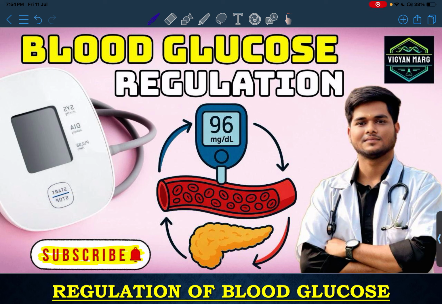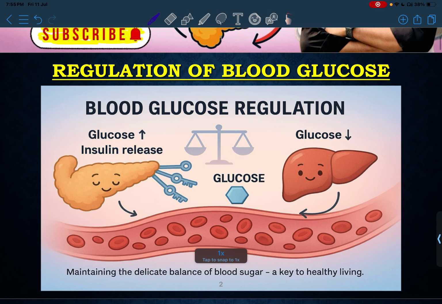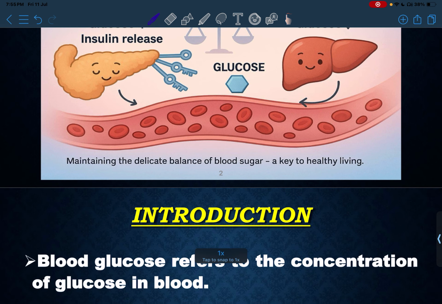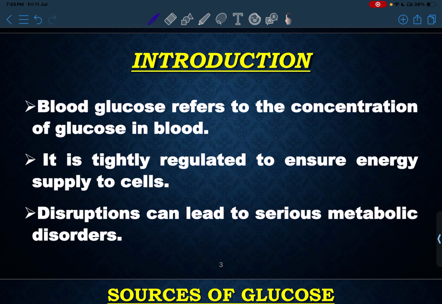So in blood glucose regulation, a multiple number of hormones and a huge number of metabolic pathways are involved. This is a finely tuned homeostatic mechanism occurring every day in our body.